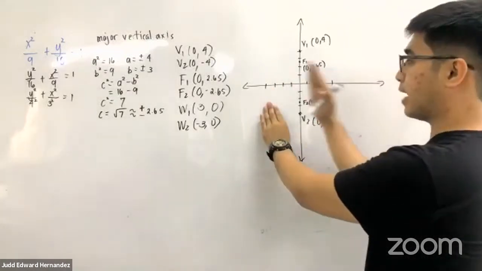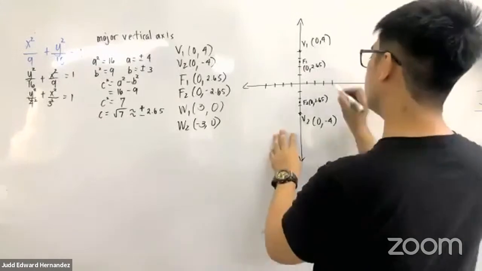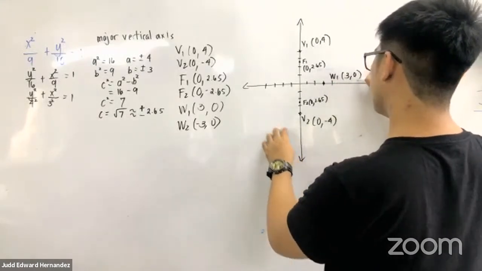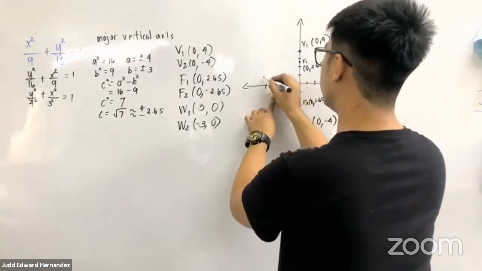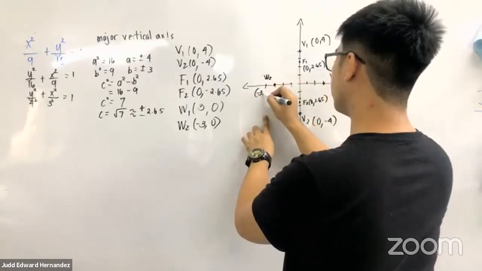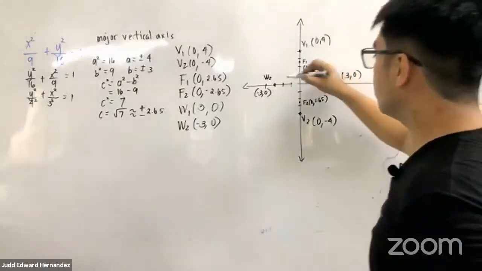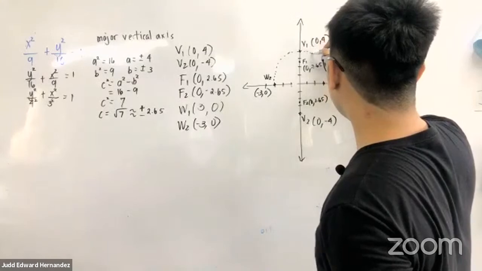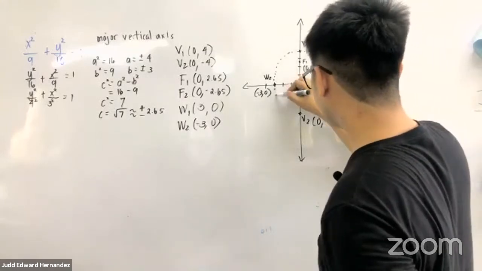Co-vertices as a minor axis, W1, W2. So this is W1, that is 3, 0. Kakaliwa tayo, this is W2. That is negative 3, 0. Okay, so we're now ready to graph the ellipse. Ibig sabihin, magiging ganito itsura ng ellipse natin.